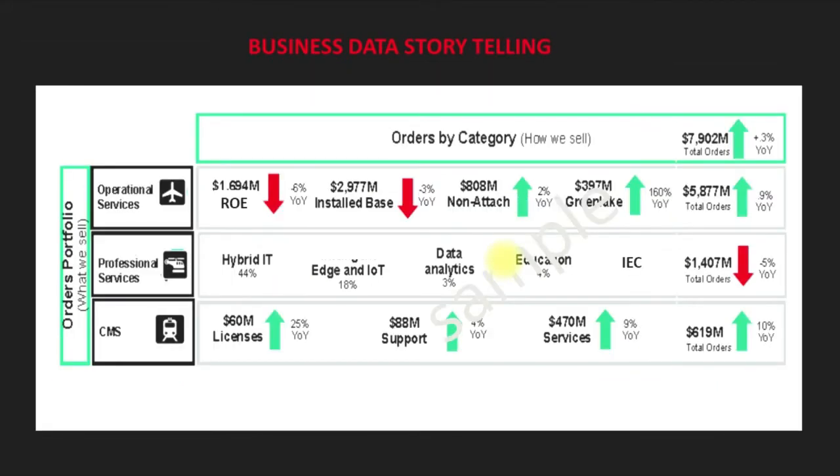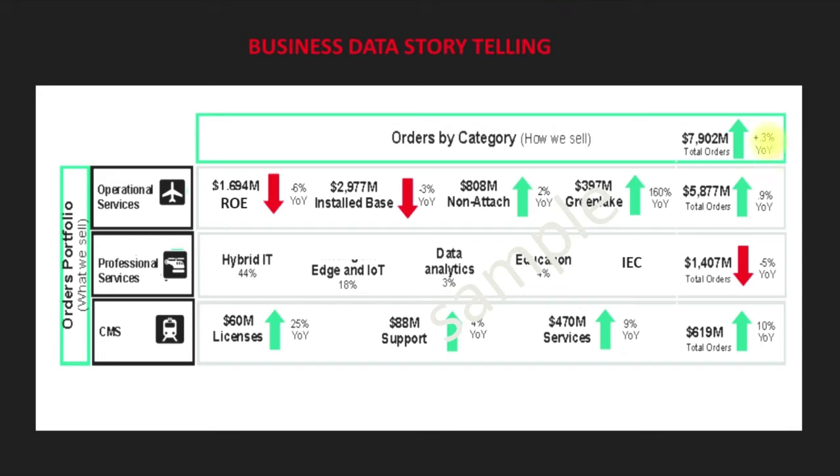Now the second model uses long arrows, green, red, yellow. I have not shown the yellow here for the different statuses. In this case, the company has overall met about $7,902 million in total orders, and they have grown, which is green. That's why the green arrow is here. They have grown 3% year on year. This is the incremental growth over last year.